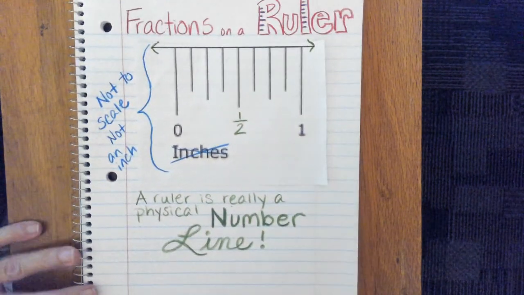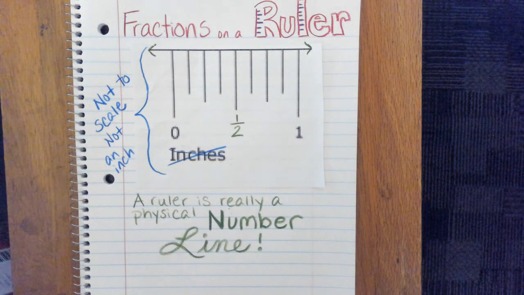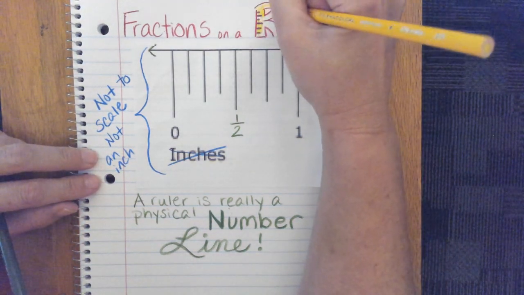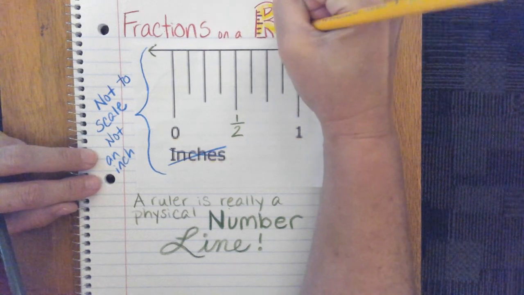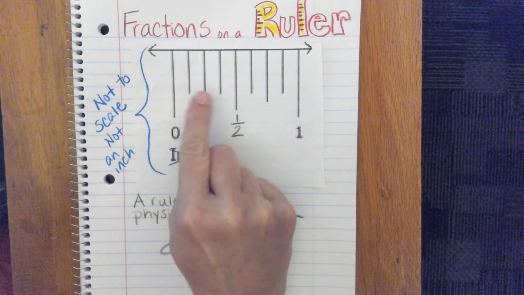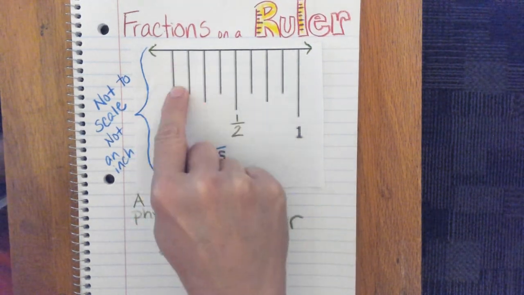And I think that's exciting, so I gave myself an exclamation mark there. A ruler is really a physical number line. Woo! Okay, so when I look at a number line and fractions, I don't count the lines to see where I am. I count the spaces.